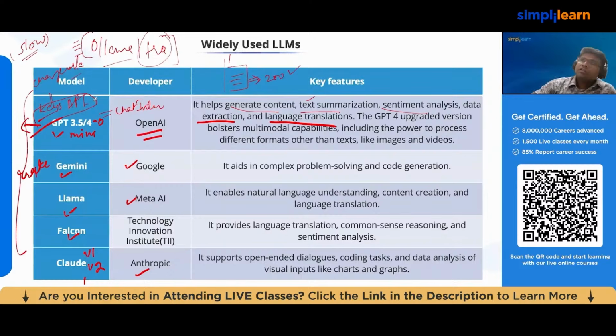But it will come with the token cost, which is this key API. When you are feeding the input data, that is divided into tokens, and the output data which is generated also has some tokens. So this token plus this token will add up. Let's say this is your 2000 tokens, and this is your 200 tokens.